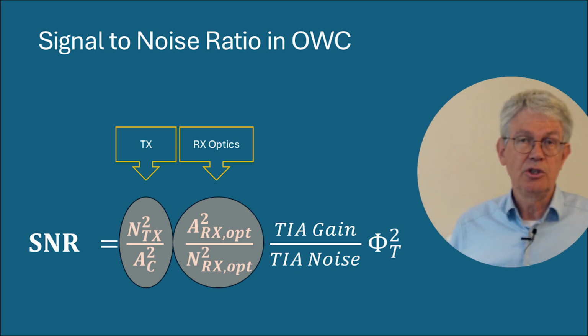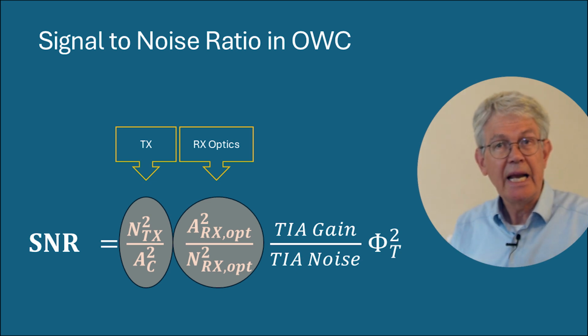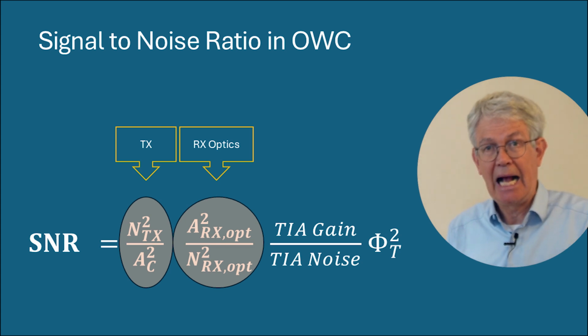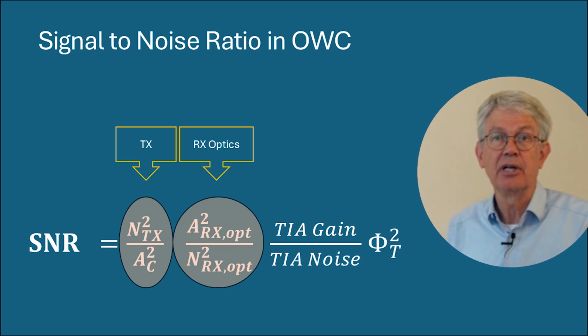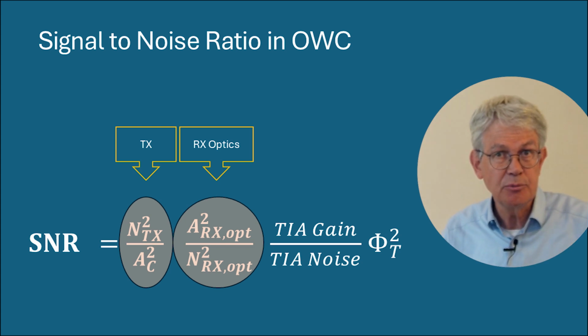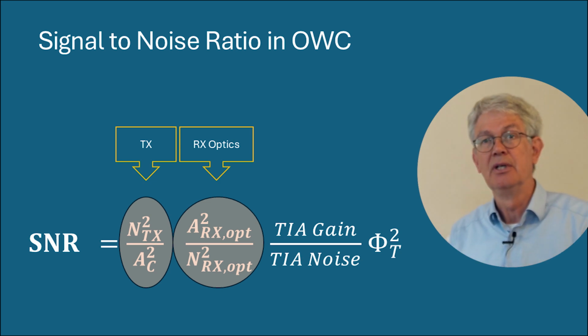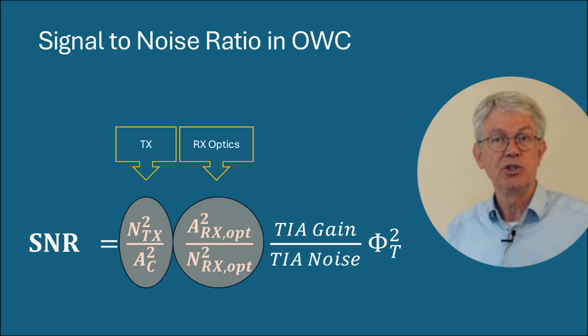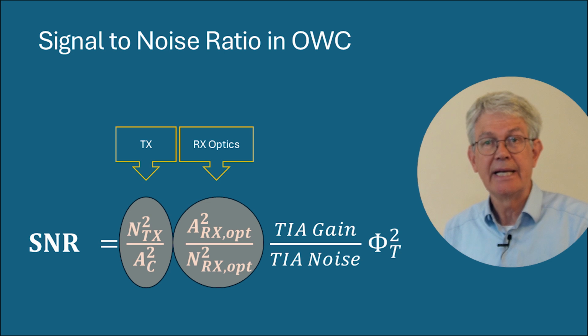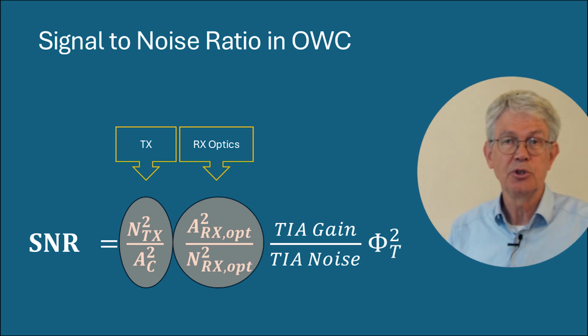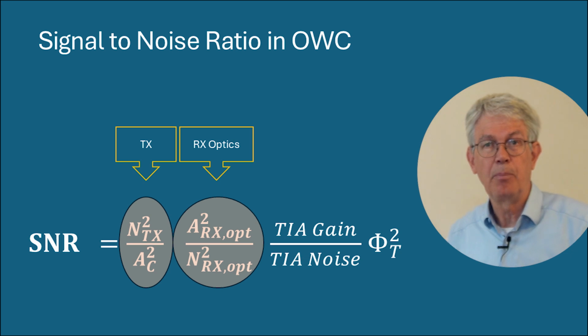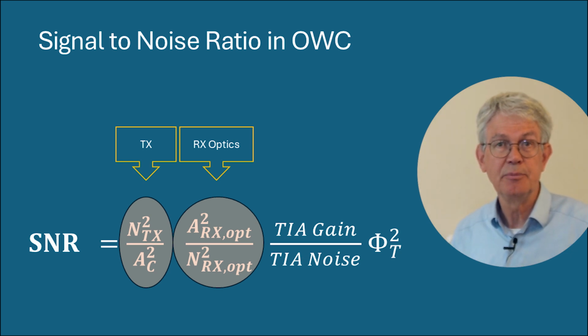Now, the signal to noise ratio is something that I like to reference at the output of the transimpedance amplifier, because most of the noise in these systems comes from the amplifier. So signal to noise ratio is also proportional to the TI gain divided by the noise, and of course is proportional to the total optical power phi that I'm transmitting here.